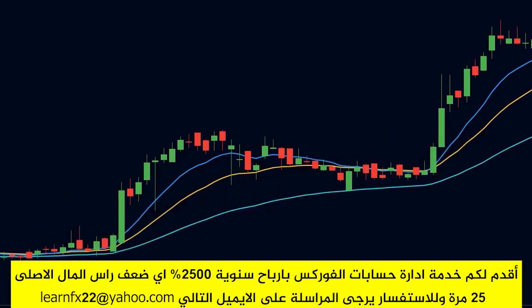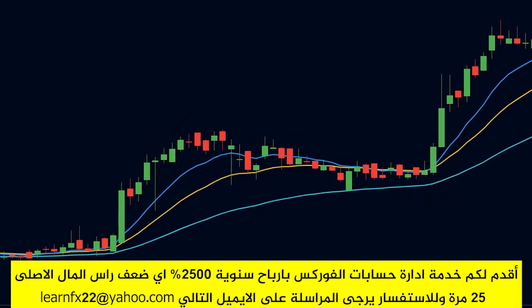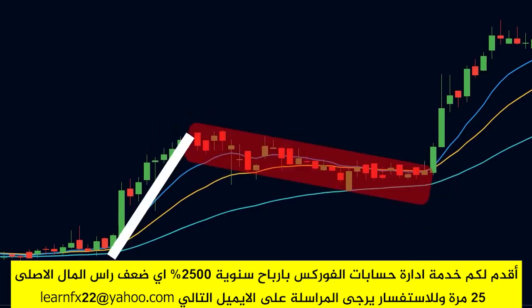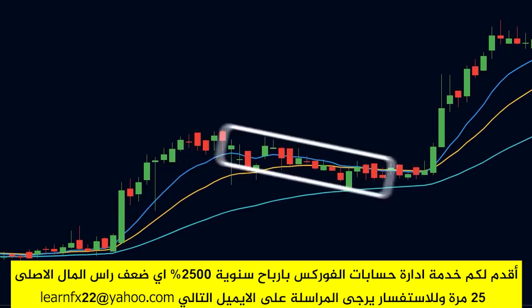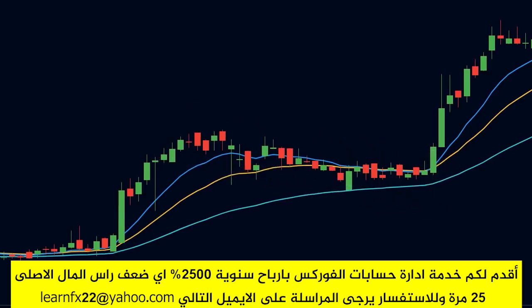But after the up move, we see that price starts to consolidate for a period of 3 to 4 weeks. Over this period, we can clearly see that the price made a downward sloped flag pattern. Now, if we look at this area, we can see that the size of the candles during this consolidation were smaller than the candles during this up move.